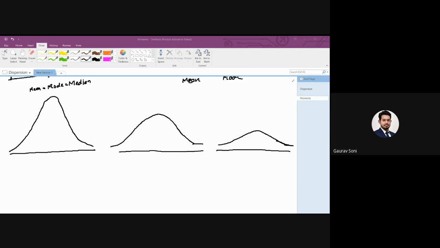So in statistical terms, what we are looking at is the peakedness of the curve. In the first curve, you have the peak. In the second one, you are not getting a peak. And the third one is almost plane. So this criteria that we are studying in statistics is called the kurtosis.